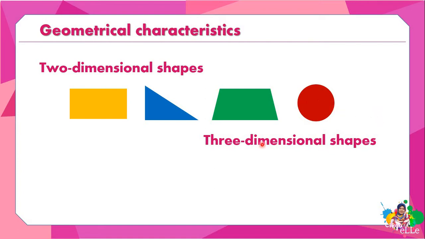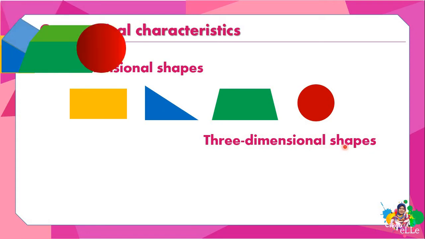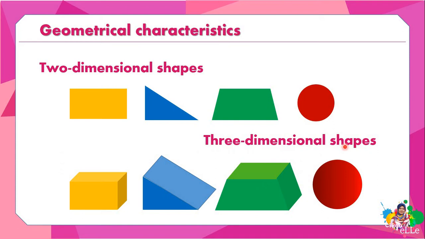Alright, next, what is three-dimensional shapes? Okay, these are the examples of three-dimensional shapes. You have cuboid, you have prism. Okay, this one also a prism, and this one is sphere.